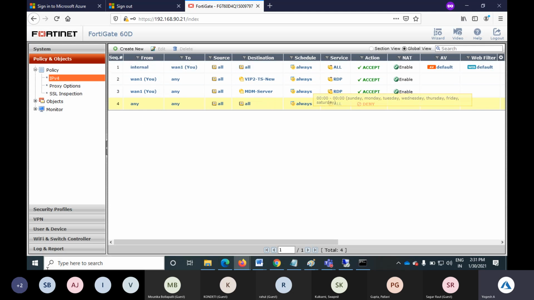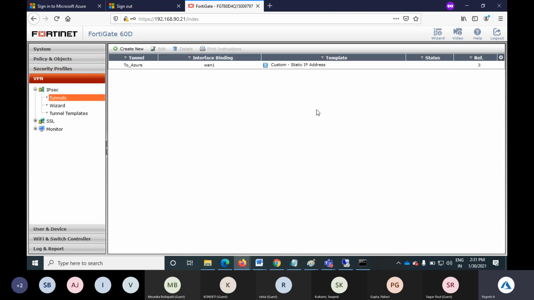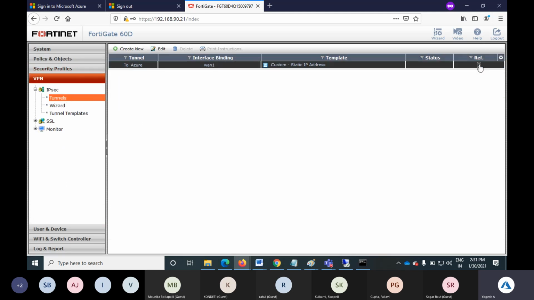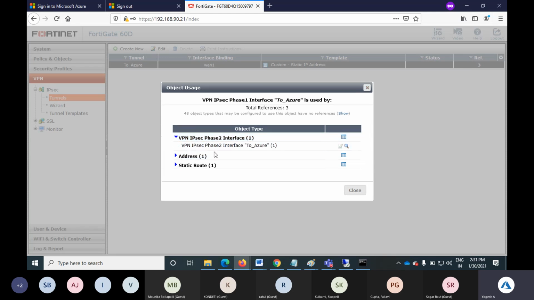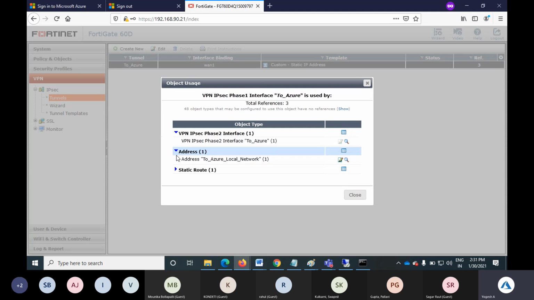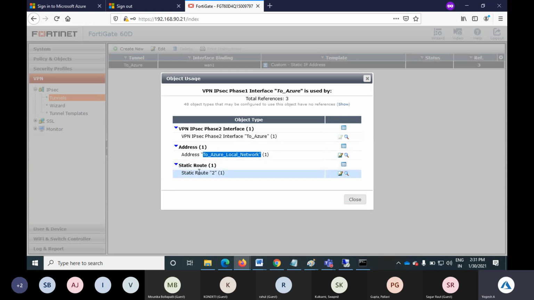So without those entries, we cannot delete the VPN tunnel. Okay, now again it is showing three entries. So IPsec interface to Azure, then address, which is local, that entry we need to delete it, and then static route.